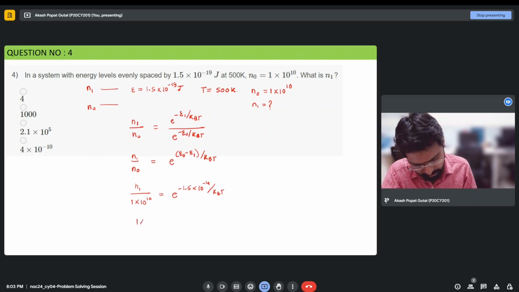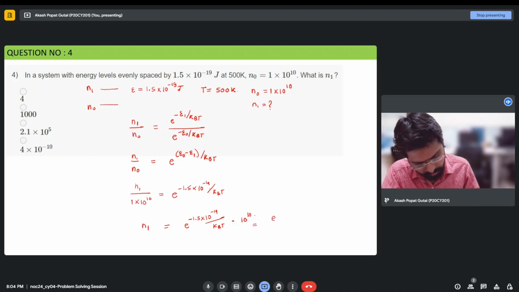If you check this from 10 raised to 10, if you reverse it, that's fine. Okay, we can directly calculate it. So N1 is equal to e raised to minus 1.5 into 10 raised to minus 19 divided by kBT into 10 raised to 10.